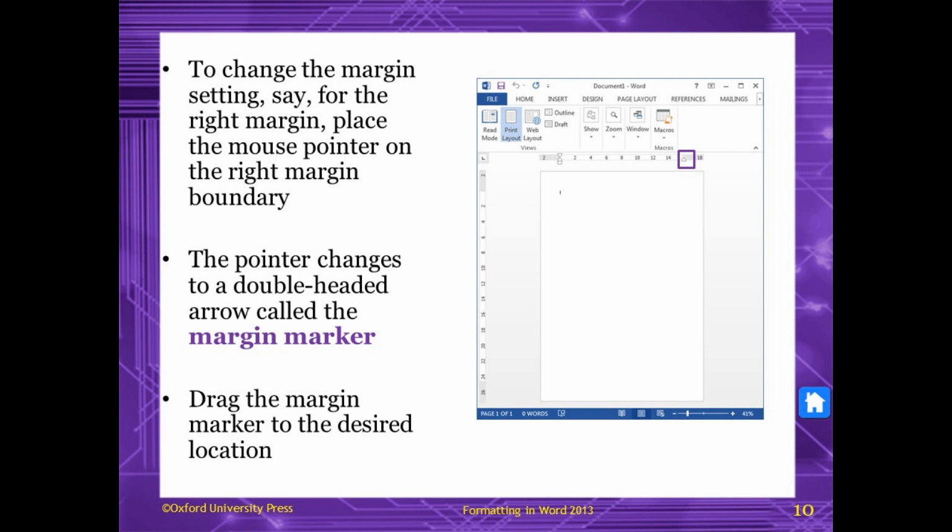The pointer changes to a double-headed arrow called the margin marker. Then drag the margin marker to the desired location, and in this way the margin space will be changed. In this way we can change any side, either left, right, top or bottom margin.